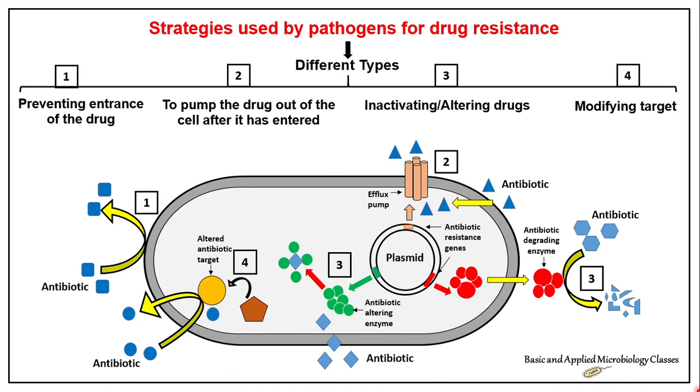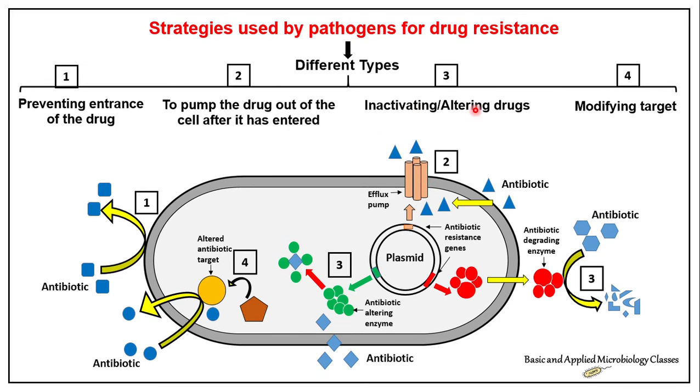Let's take some examples now for each of these strategies. If we are saying preventing entrance of the drug, then which antibiotics are there, and what kind of envelope changes did bacteria make to acquire such resistance. If we are saying efflux pump, then what is the nature of the efflux pump, that we need to know.